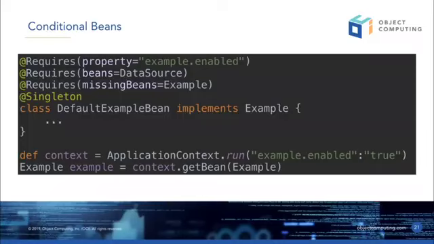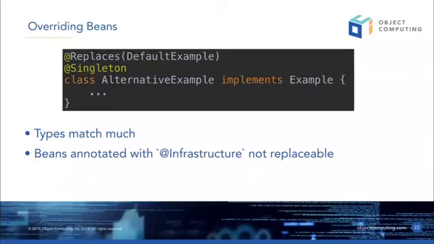And you can also specify a custom condition, where you can write a class that will evaluate the condition with your custom code, right? So if it needs to be more complex, there's a whole bunch of different options to say this bean should be conditionally loaded based off of whatever criteria you want to specify.